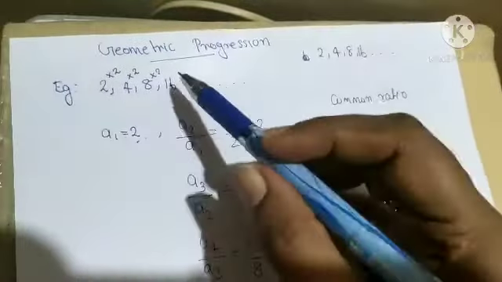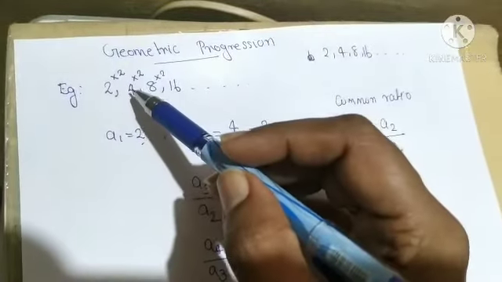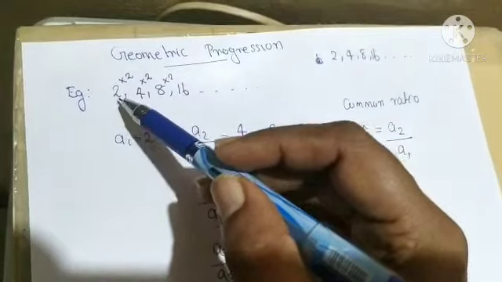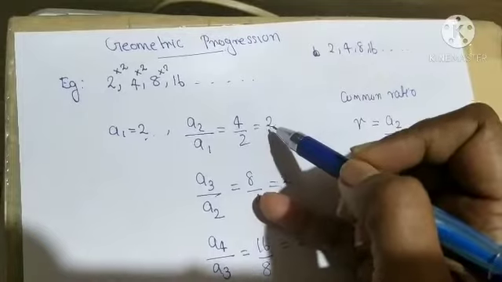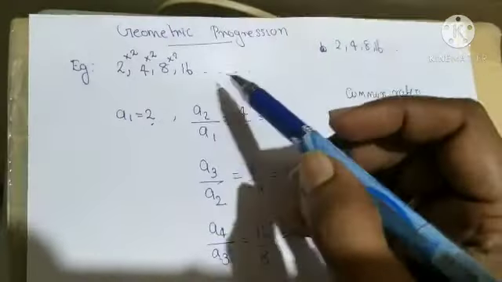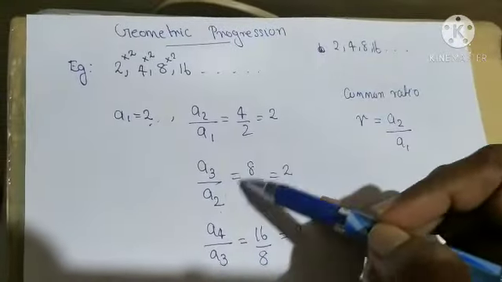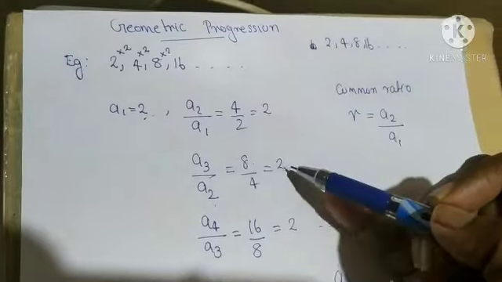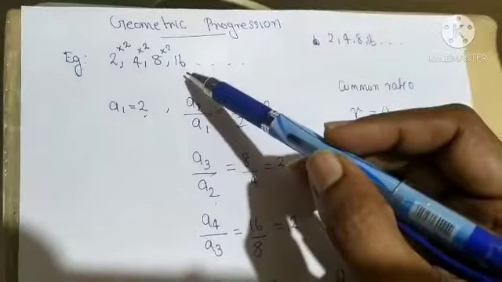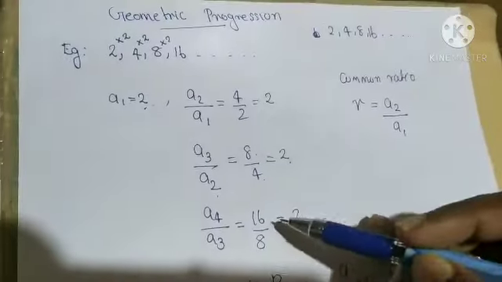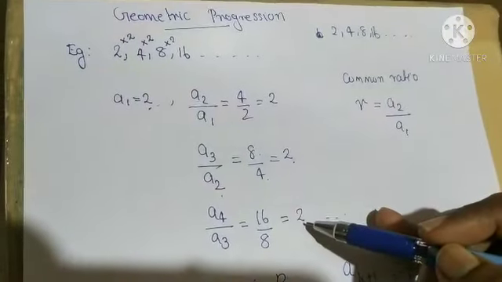Or, dividing the second term by the first term, that is a2 by a1, we get 4 by 2, which is equal to 2. Again, dividing the third and second terms, we get 8 by 4, which is 2 again, and dividing the fourth and third terms, we again get 2.